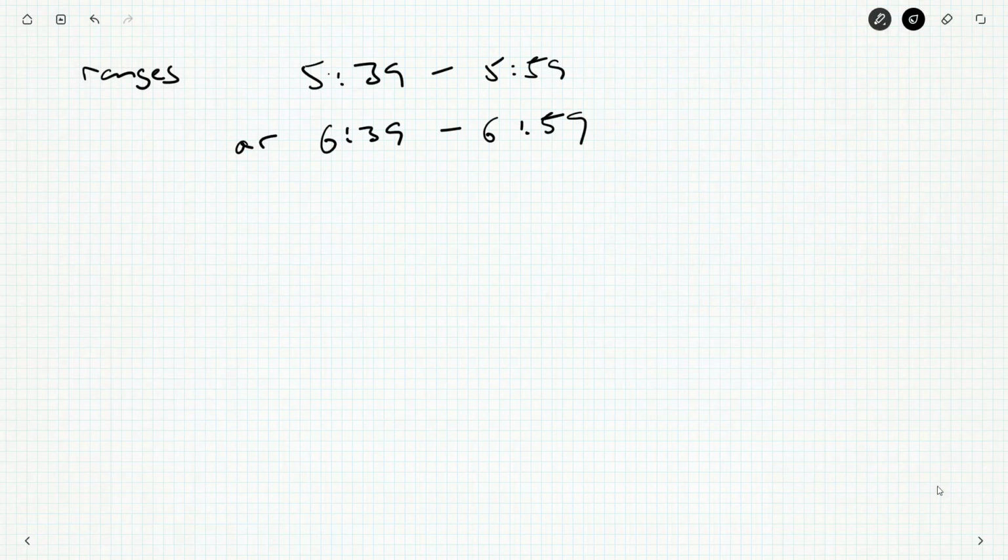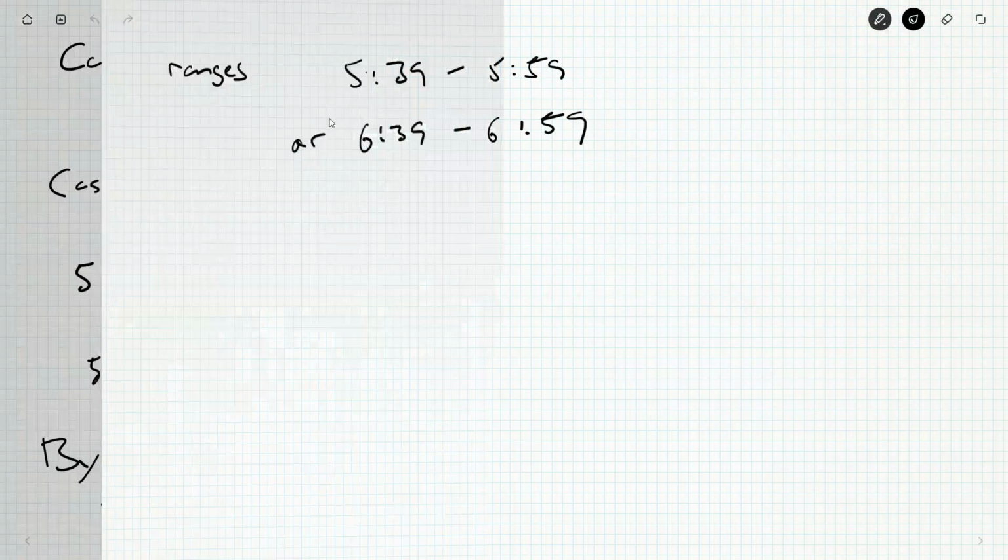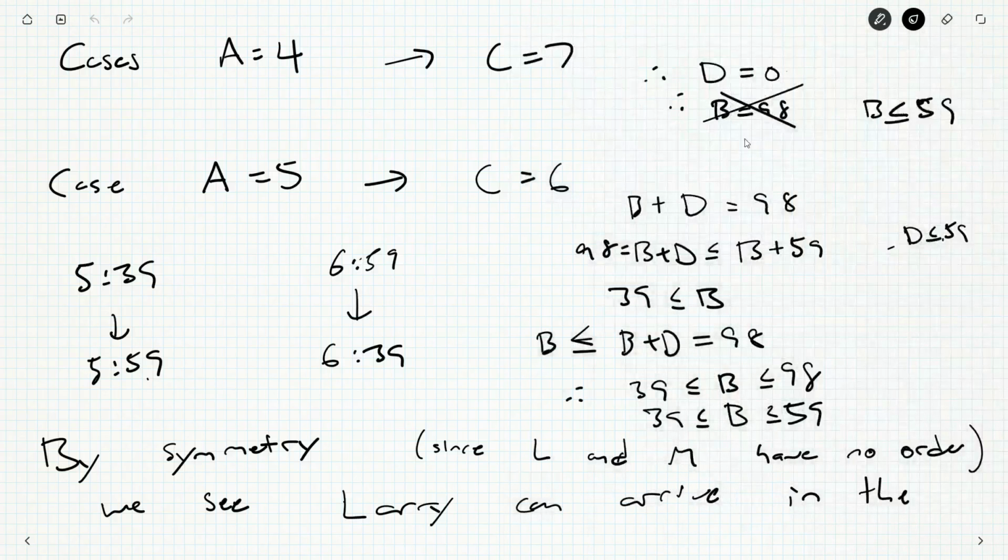We don't have to deal with him arriving at 7 o'clock because, by symmetry, we already dealt with that. If he arrives at 7 o'clock, yes, technically it's still in the regular pricing, but then Mio has to arrive at 4:98, which is not an actual time. So these are the ranges we get.